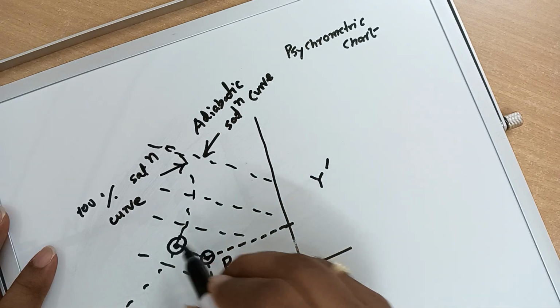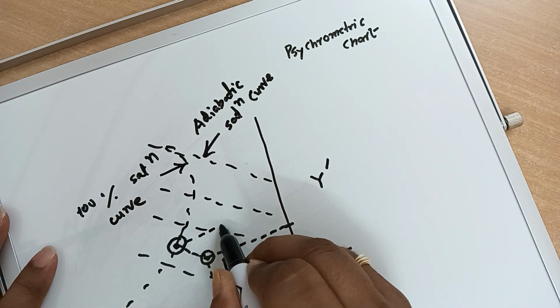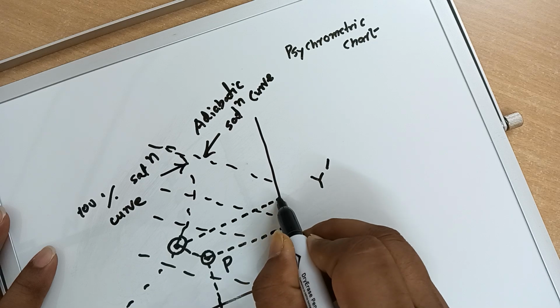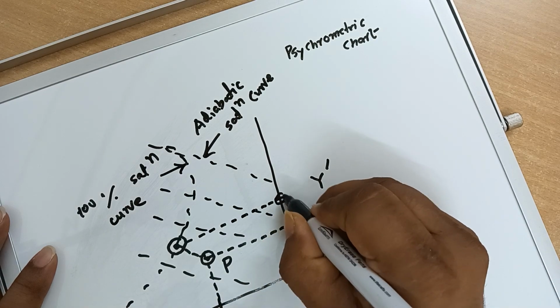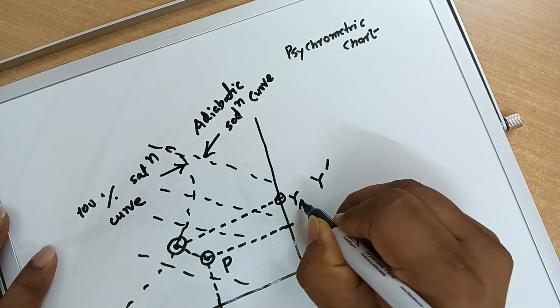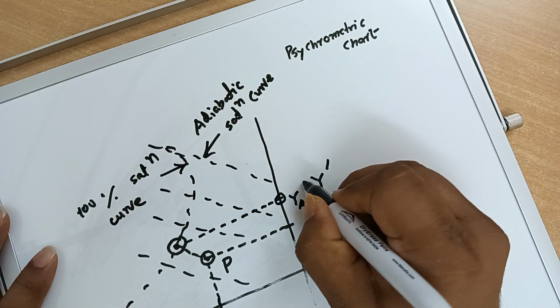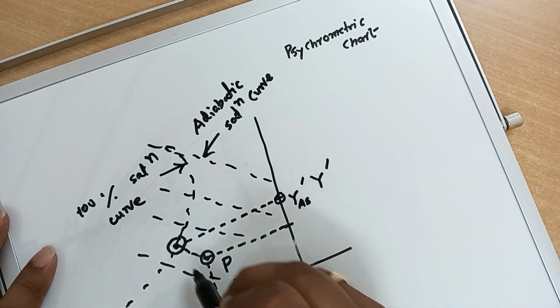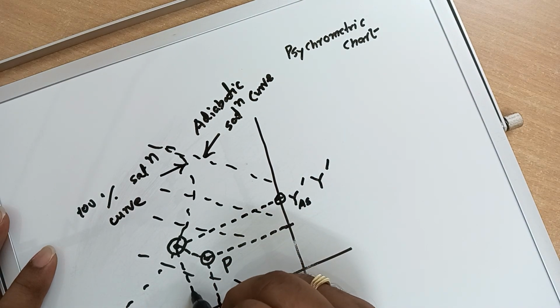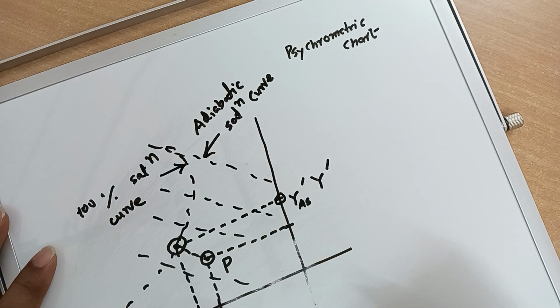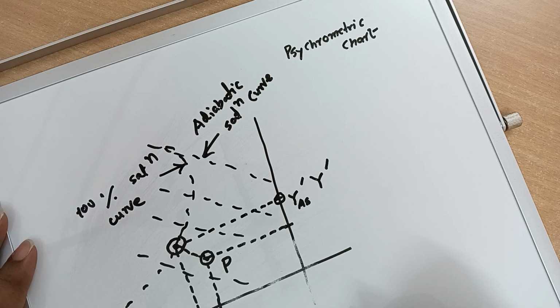From this point you draw a horizontal line towards the y-axis, and you can easily find the corresponding adiabatic saturation humidity. Come towards the abscissa and you have the adiabatic saturation temperature. It's quite simple.